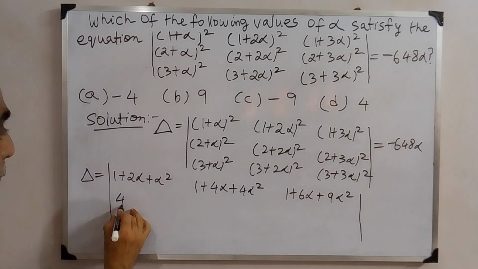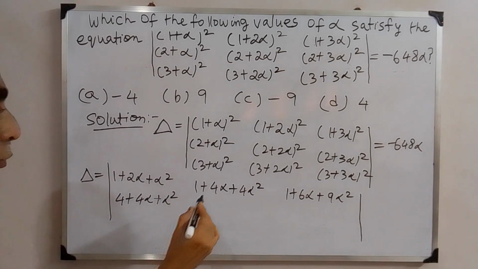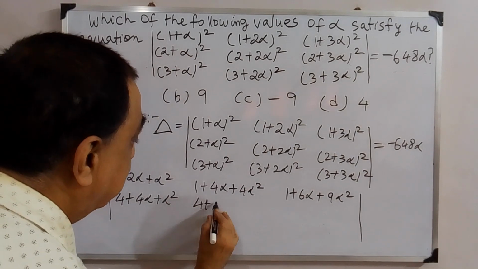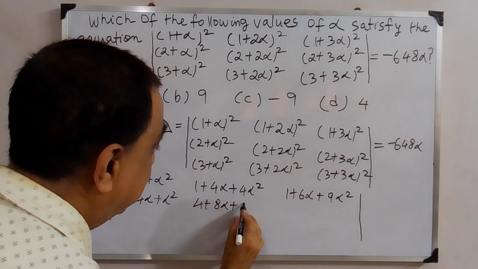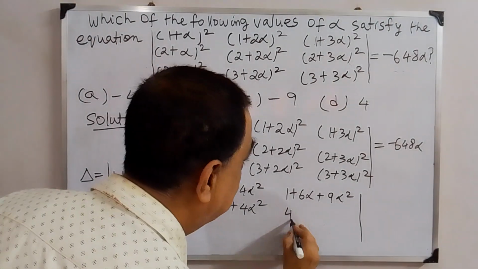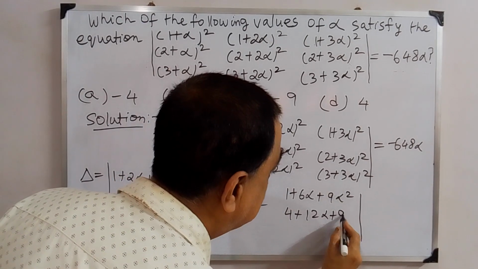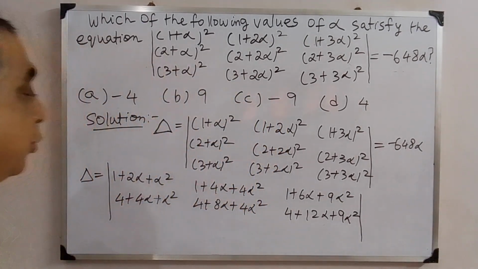And this becomes 4 plus 4 alpha plus alpha squared, this becomes 4 plus 8 alpha plus 4 alpha squared, this becomes 4 plus 12 alpha plus 9 alpha squared.